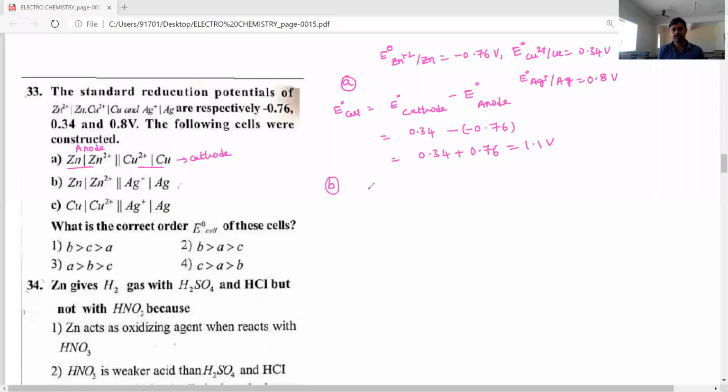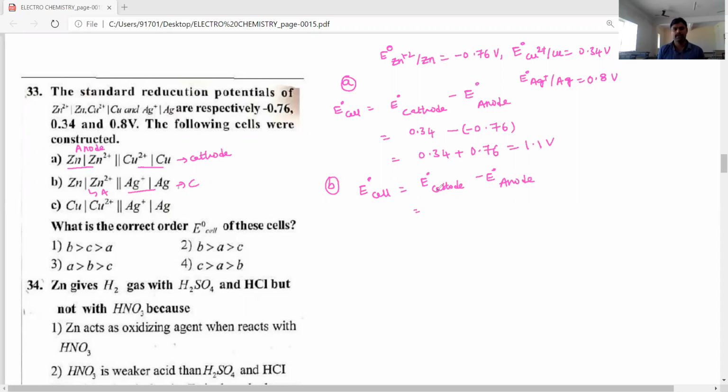Now let's see the second one. The standard electromotive force of the cell is Zn2+/Zn, salt bridge, Ag+/Ag. Here silver is the cathode and zinc is the anode. E0 cell is E0 of cathode minus E0 of anode.